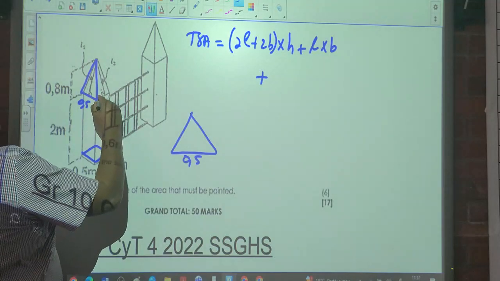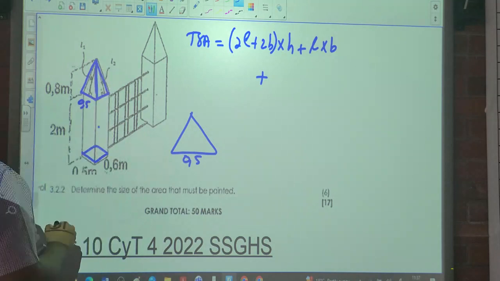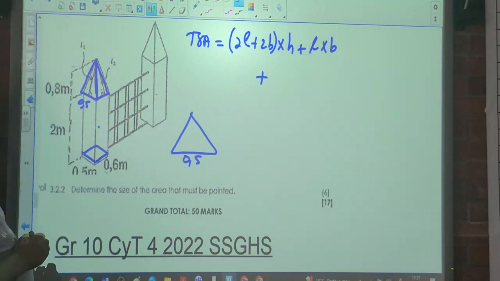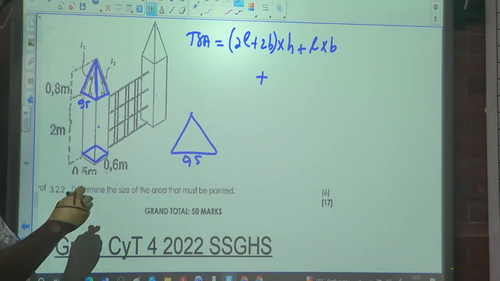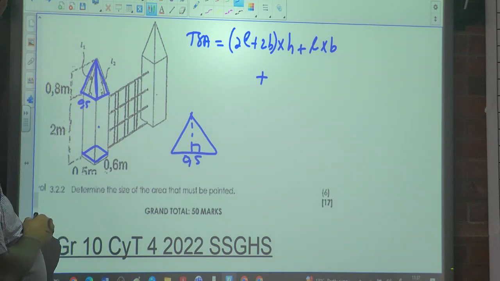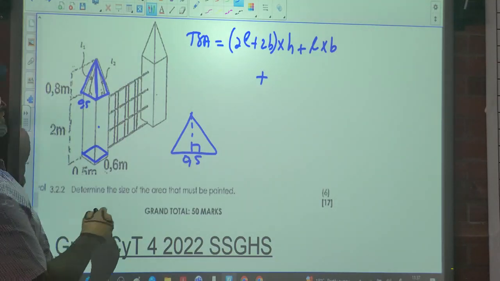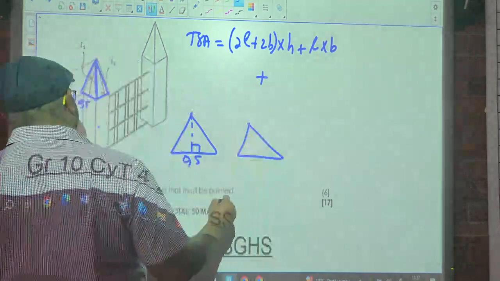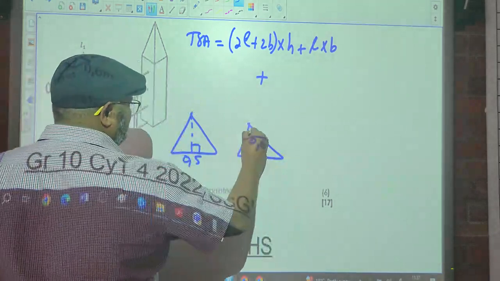It's actually this one here. And there's 2 of this with a base of 0.6.